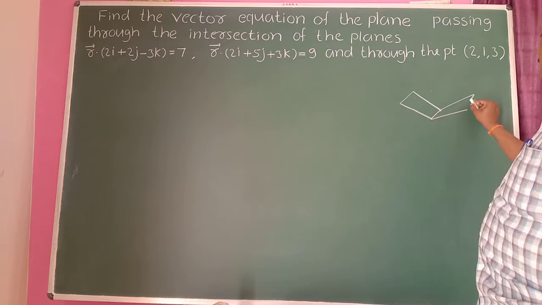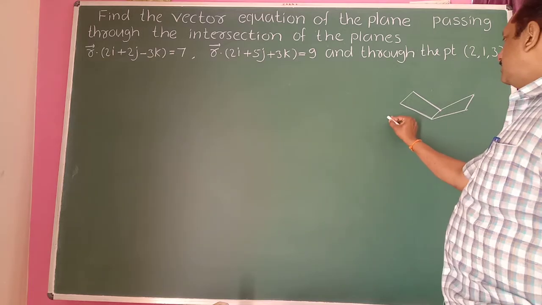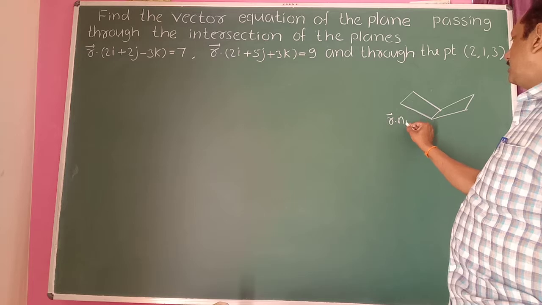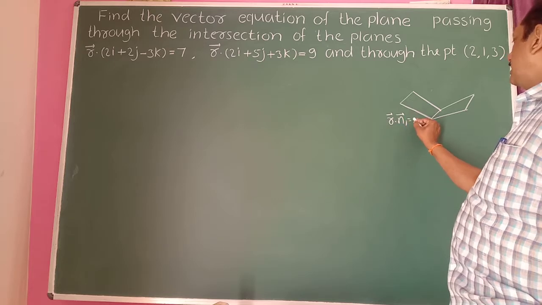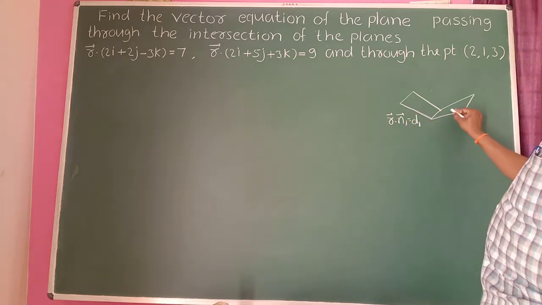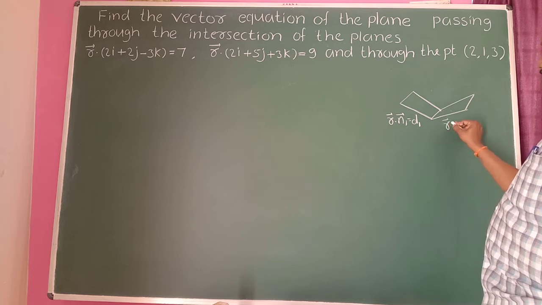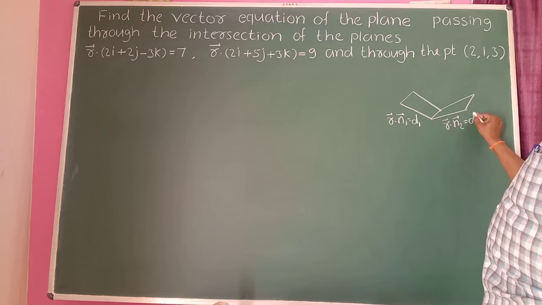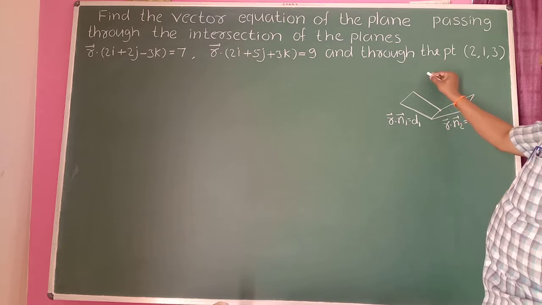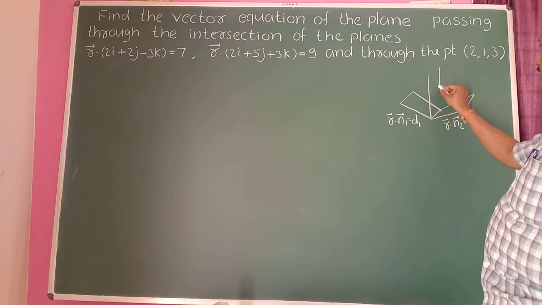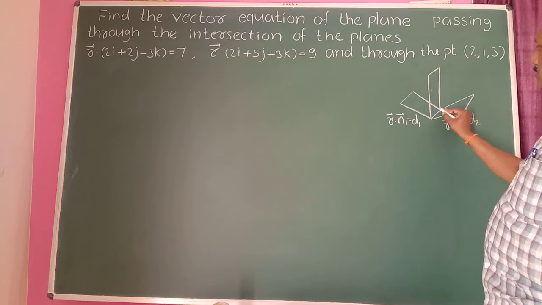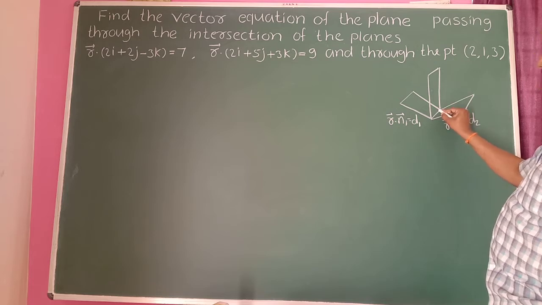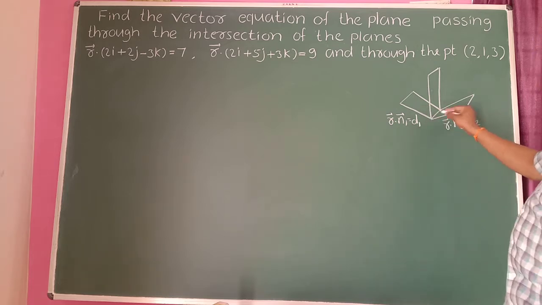The equation of this plane is r bar dot n1 bar = d1, and the equation of this plane is r bar dot n2 bar = d2. Then this is a third plane, passing through the point of intersection of these two planes. This is the line of intersection of these two planes.